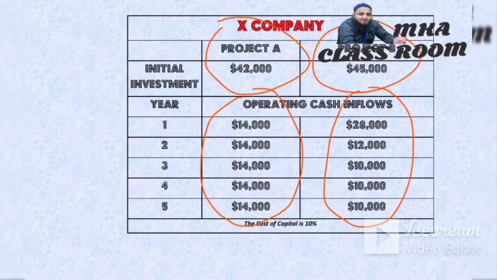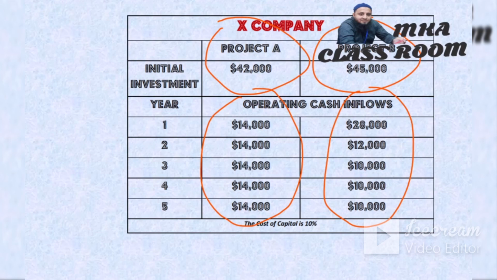Here the cost of capital is 10%, and now we have to judge which one is better, project A or project B. At first we have to calculate the present value of project A, and then we can subtract the initial investment from that present value.